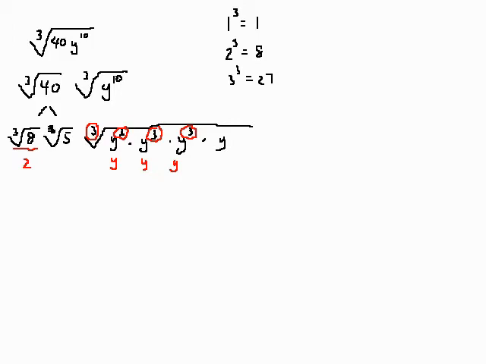So the final answer, when you simplify this, you're trying to get all of those perfect cube numbers out from underneath the cube root, and you're going to get 2y cubed, and what's left? The cube root of 5y. So this and this is trapped under the radical.